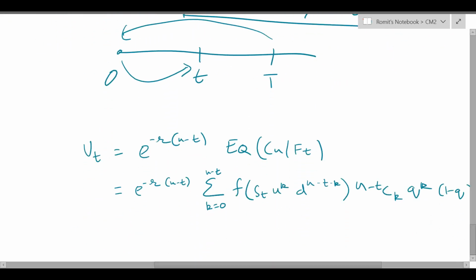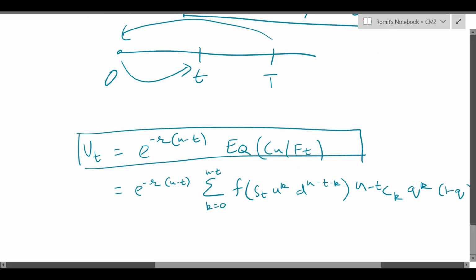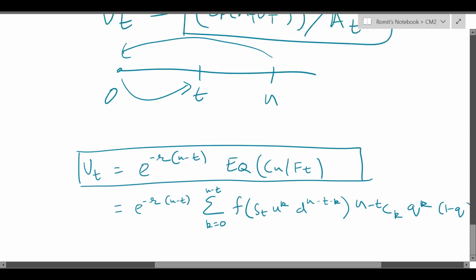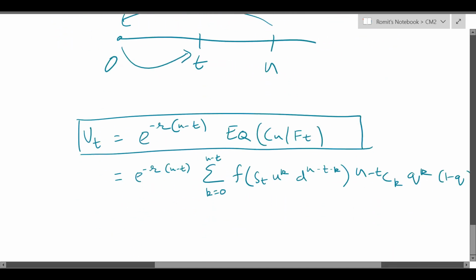Your usual pricing approach when you are trying to calculate V_t is that you take the payoff from the derivative at time n, the time of maturity or the last point of time, given the filtration at time t, that is, given all the information up till time small t. Here instead of capital T I am taking n, or we can just replace the n with a capital T. So let me use the same notation.